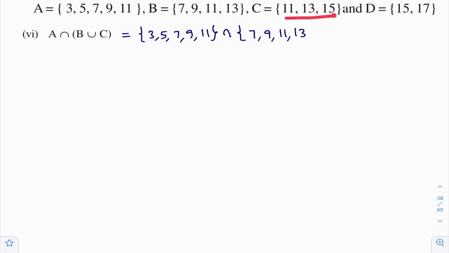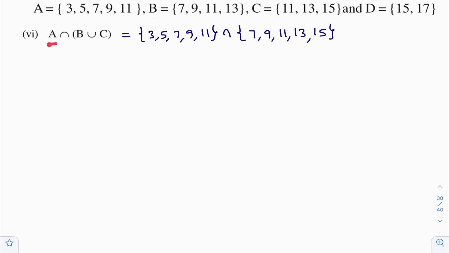Now you write all the elements of C. 11, already listed. 13, already listed. 15, not listed. So this is B union C.